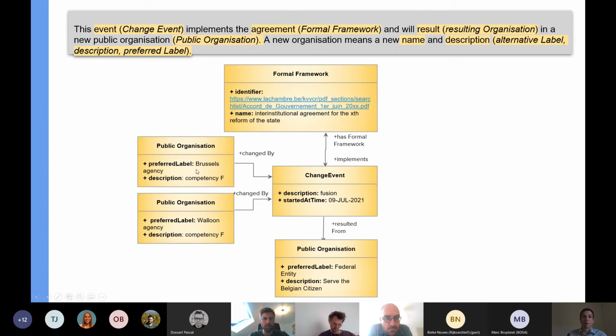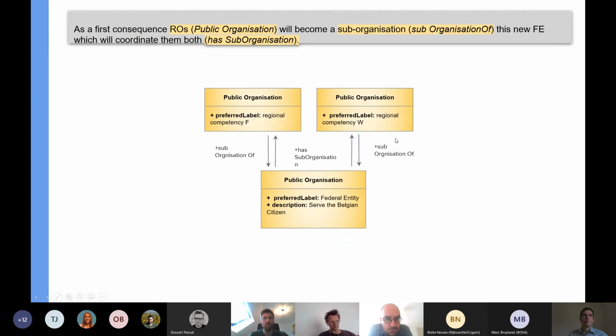And it's related directly to the public organizations impacted by this change event, which here are, for example, the Brussels and Walloon public organizations with certain competencies, so related in their description, that would result in a new public organization at federal level. So the relationships between the different organizations are simply that the previous organizations become sub-organization of the new one.